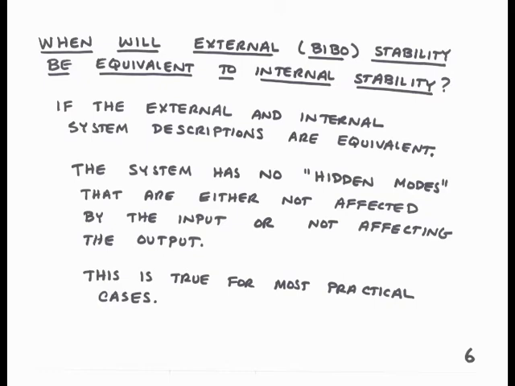This requires that the system have no hidden modes, ones that are not affected by the input or are not affecting the output. Now, in most physical situations, this is true. We will examine some examples later where it is not.